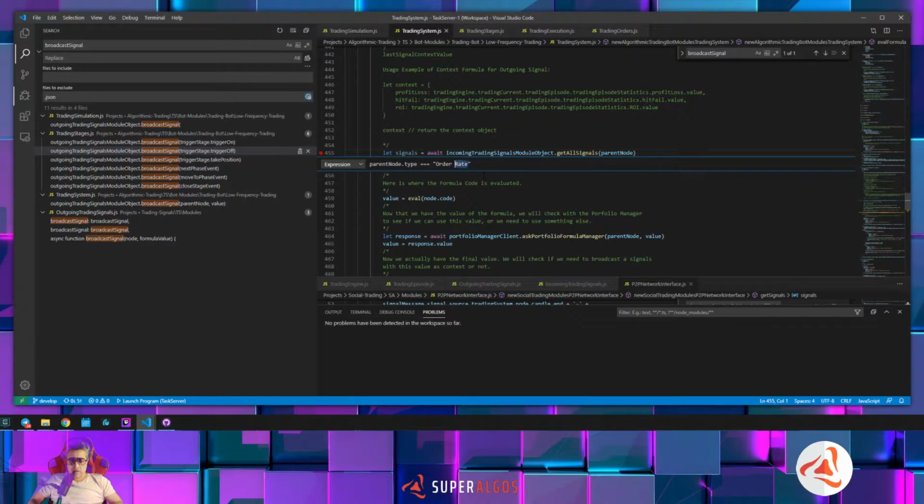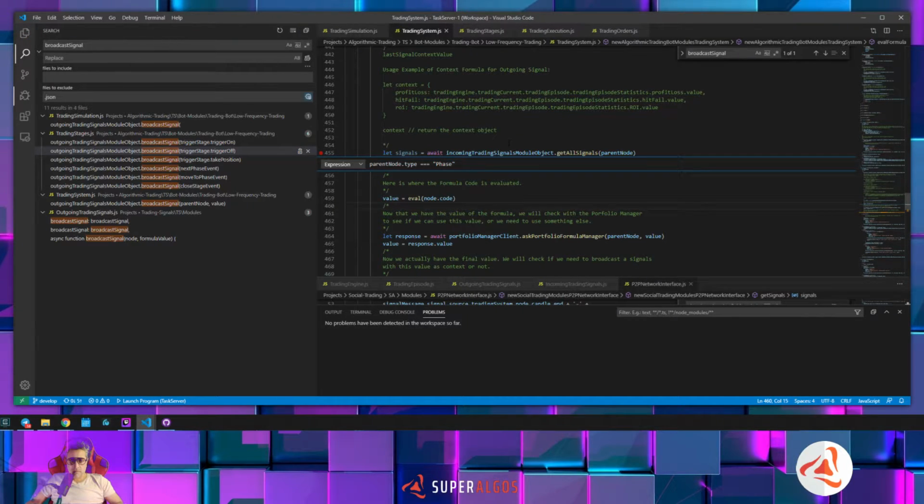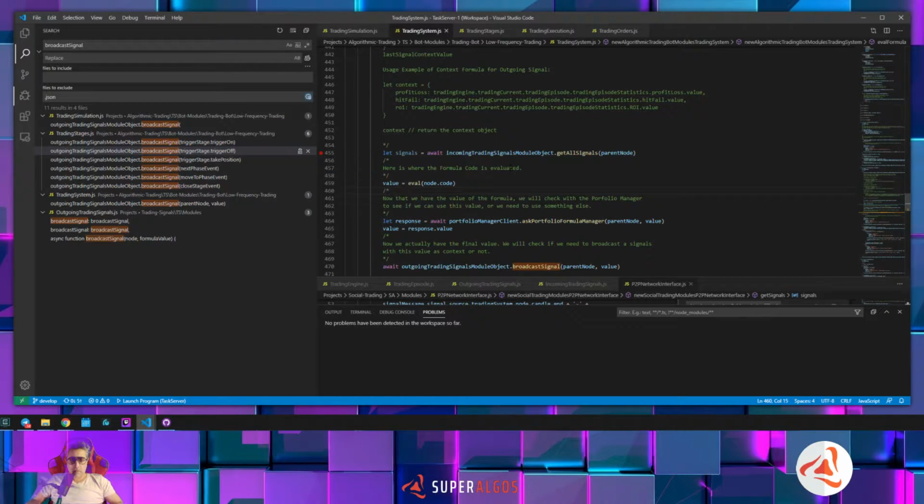This is going to be phase. So when we calculate the formula of a phase, we want to see what's going on, if there is a signal or not for that.